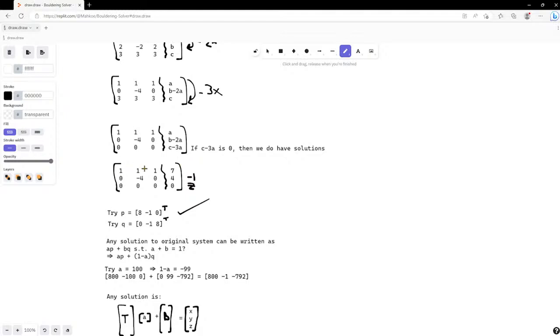And then x is equal to, so x plus y plus z equals 7. So x is equal to 7 minus y, which is just 1.